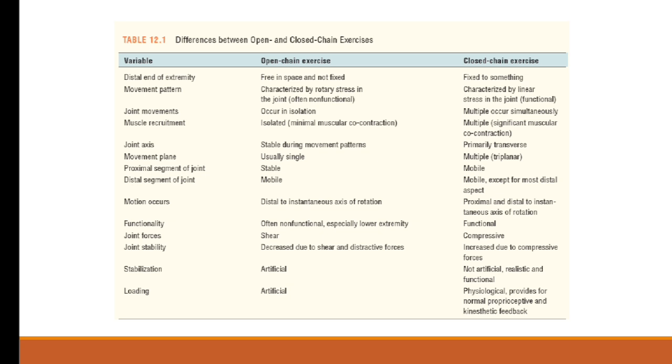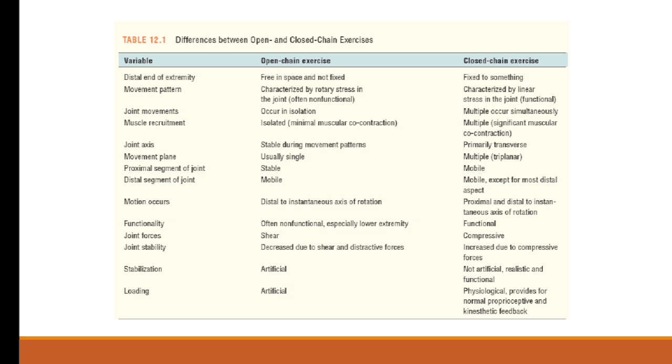Movement plane is usually single in open chain and multiple in case of closed chain exercises. Proximal segment is stable in open chain and mobile in closed chain. Distal segment is mobile and in case of closed chain it is also mobile. Motion occurs distal to the instantaneous axis of rotation in open chain, and both proximal and distal to the instantaneous axis of rotation in closed chain. Functionally, open chain is often non-functional, especially in the lower extremity, and closed chain is functional.